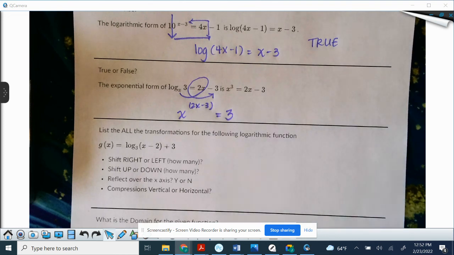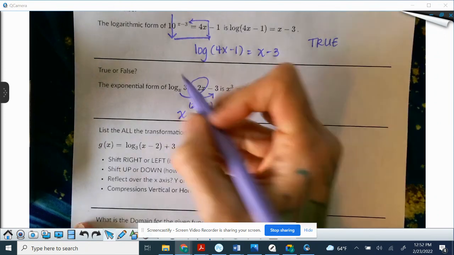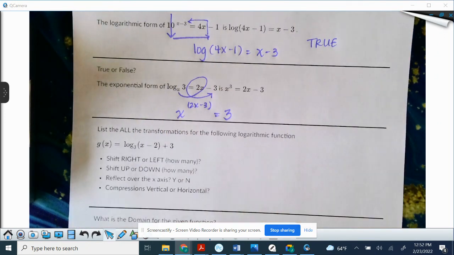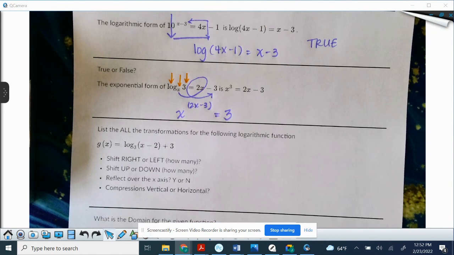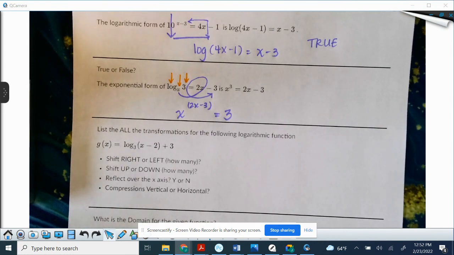No matter how weird it looks, how ugly it looks, if it is a log base of equals a number or even a binomial, you're fine. As long as there's nothing extra on this side, like the log base of is all you can have. And when I mean that, I mean log base of. Those are the only 3 things you can have to put it in exponential form, no matter how strange it looks.